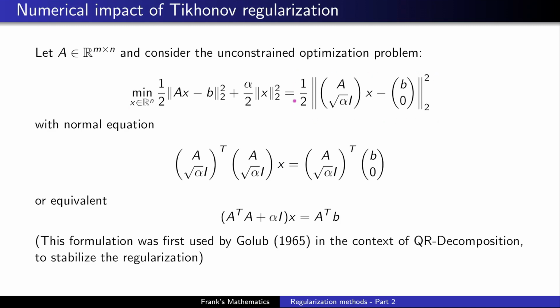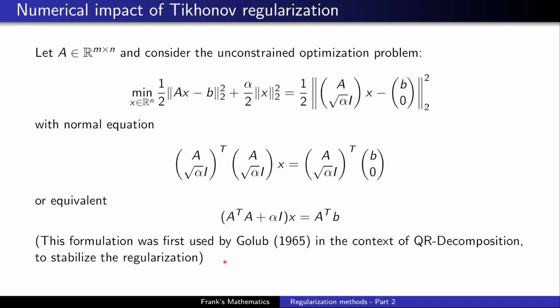This form now resembles our linear quadratic form. Therefore, we can take the normal equation, which you can see here, multiply these matrix products, and you will end up with this normal equation here. Or just take the derivative of this functional if you're more familiar with that.